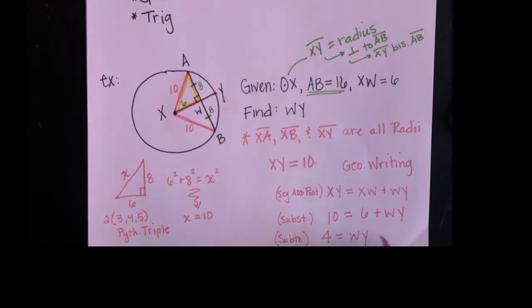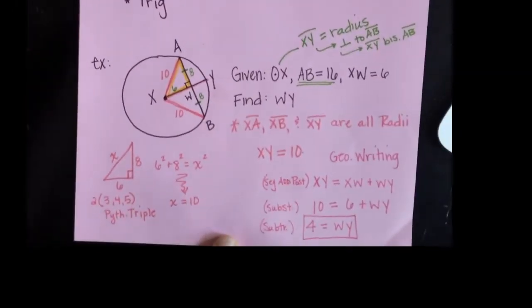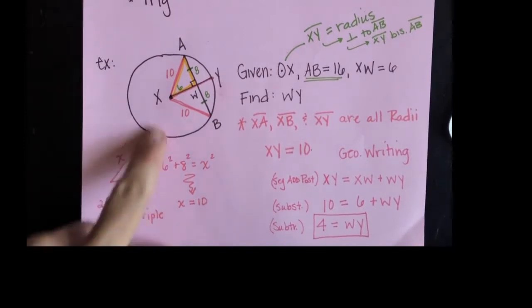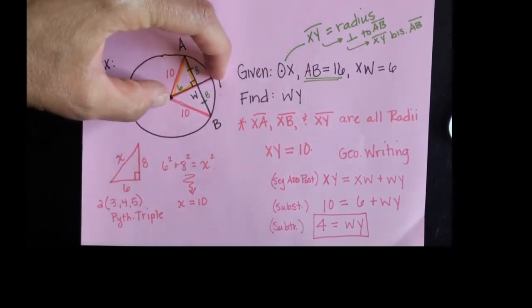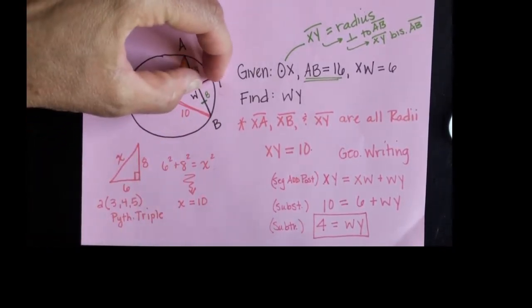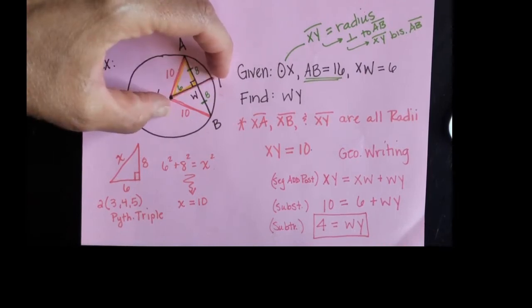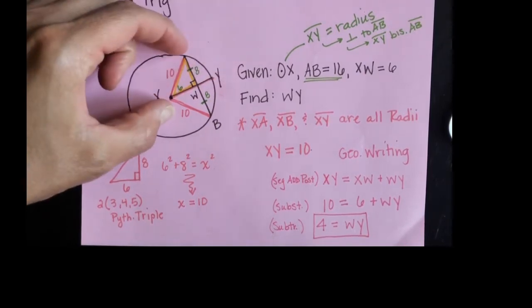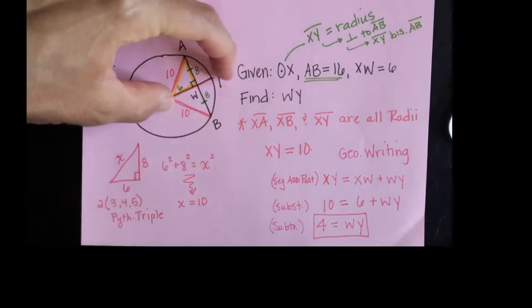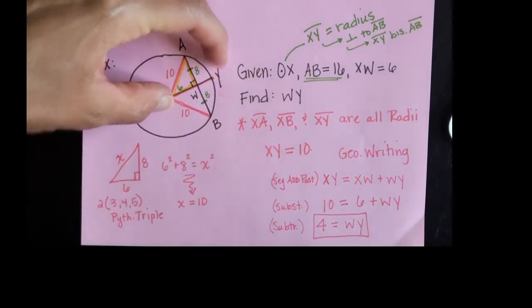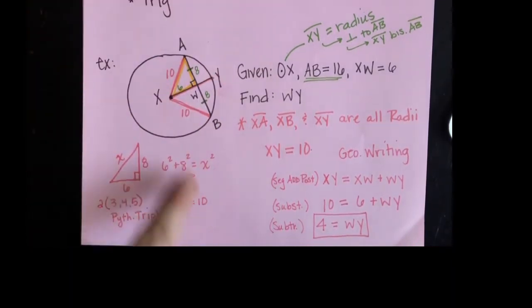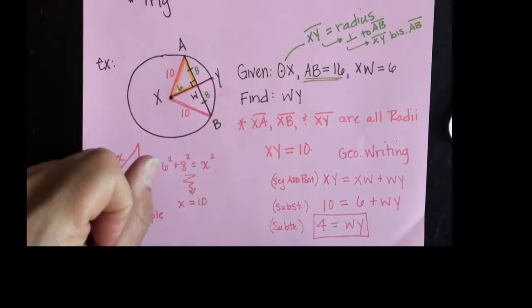So you can kind of see just in this one example, 4 was fast once we figured out how to look at this and see that all of our radii, even the one that was hidden, are radii. A lot of times we concentrate on those two as separate pieces and we don't see the whole thing as a radius, but it's a radius here and a radius here. It's still going to be a radius here. Once we figured out it was 10, again, many of you are like, write down the answer 4, let's move on.